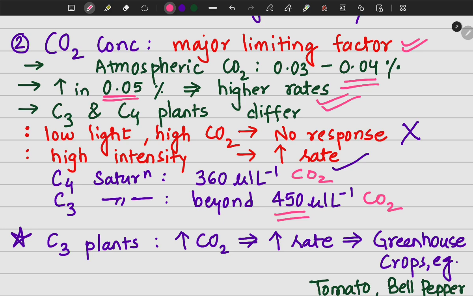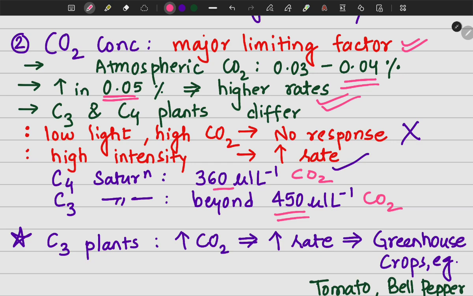The reason can be obvious because we have already studied about the C3 and C4 plants, and C4 plants, because of their adaptation, have Kranz anatomy in which they are able to concentrate carbon dioxide inside the bundle sheath. Hence, they do not require very much carbon dioxide from the air. So, they get saturated at a lower level, 360 microliter per liter.